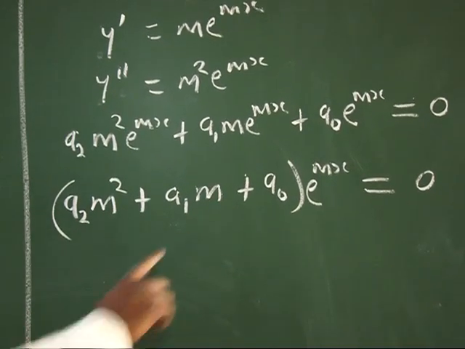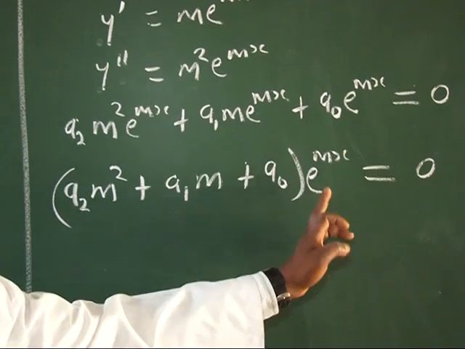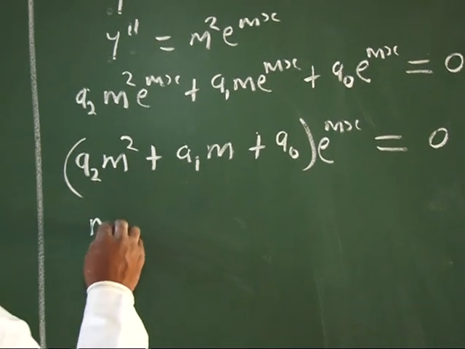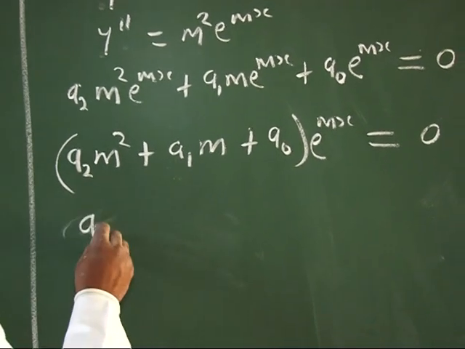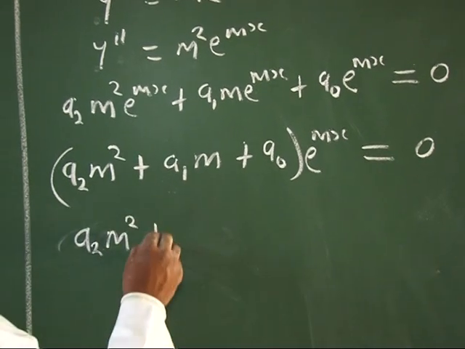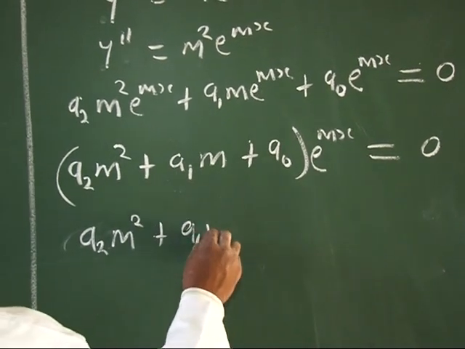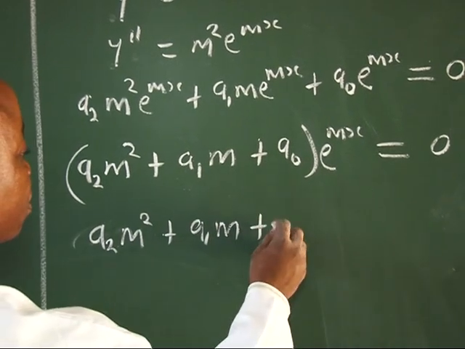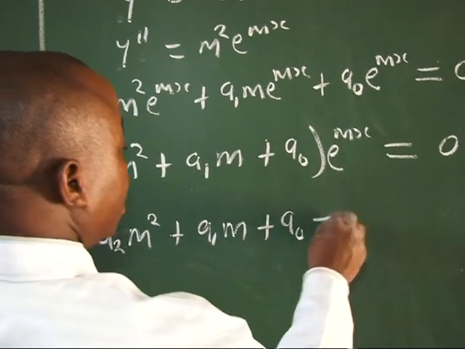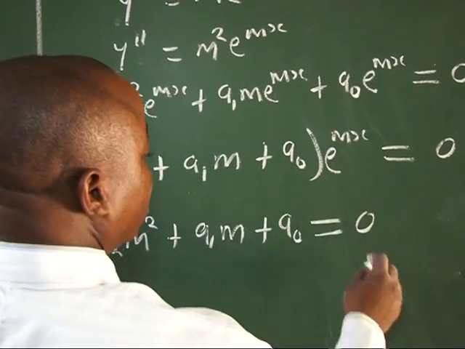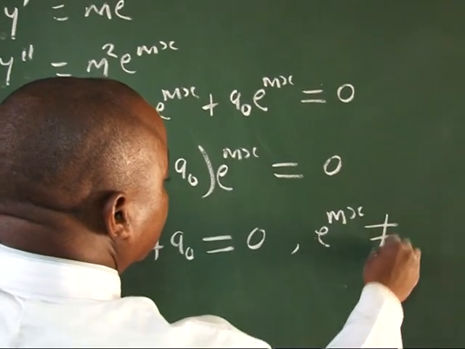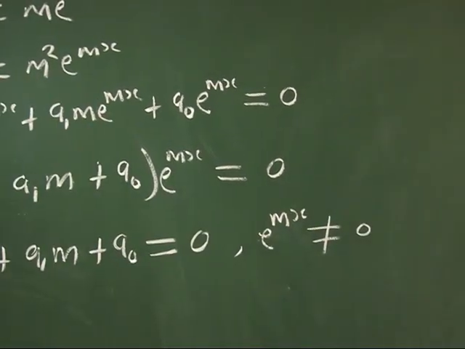Now look at that, I just factored out exponential mx. Now a subscript 2 m squared plus a subscript 1 m plus a subscript 0 is equal to 0, since exponential mx is not equal to 0.